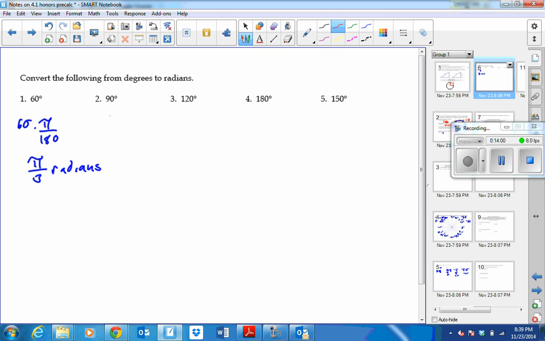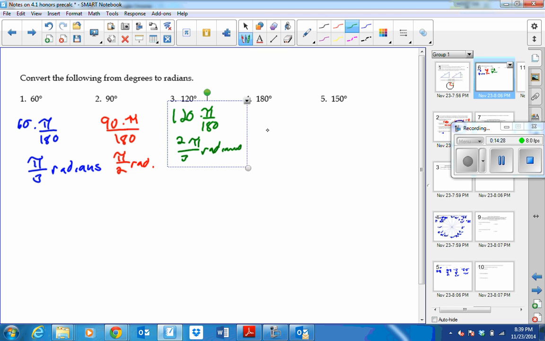And 90 times pi over 180 is going to give us pi over 2 radians. 120 times pi over 180, divide by 60, we're going to get 2 pi over 3 radians. 180 times pi over 180, that's just going to give us pi.